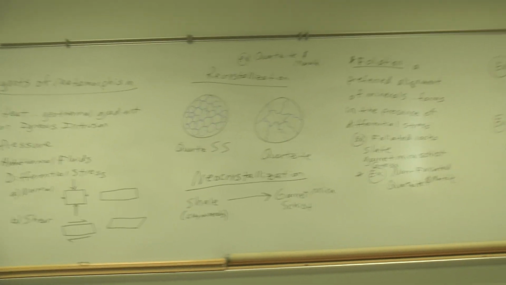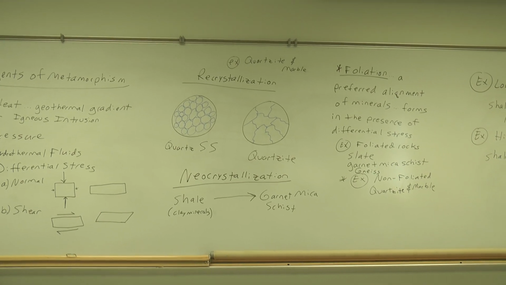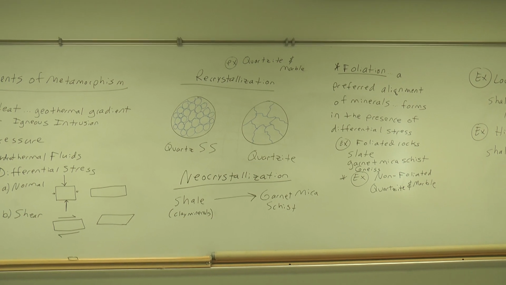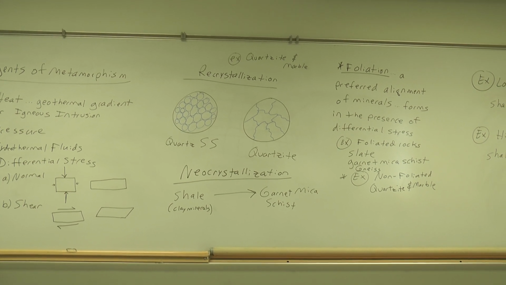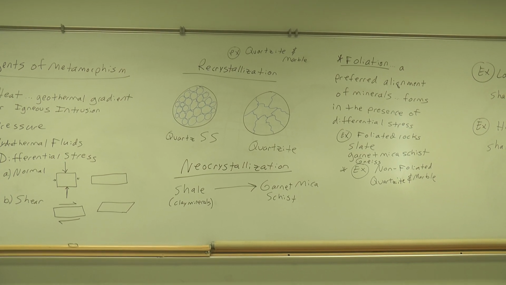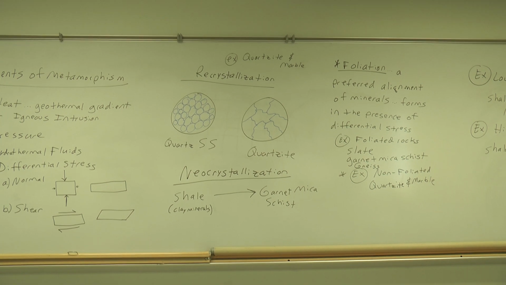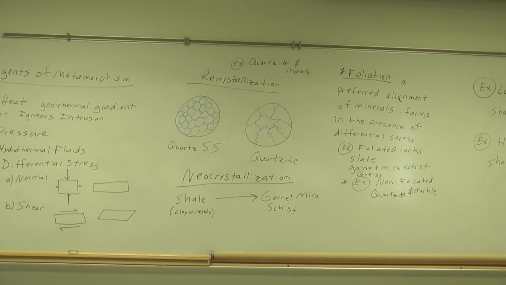Okay, now we're going to move over here and we are going to discuss recrystallization versus neocrystallization. So what happens to individual mineral crystals during metamorphism? Well, more than just these two things, but these are the only two we need to worry about at this level of the course. So either recrystallization or neocrystallization.